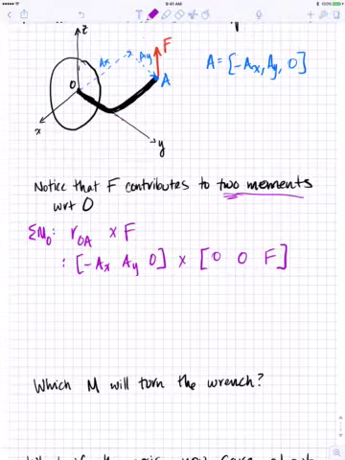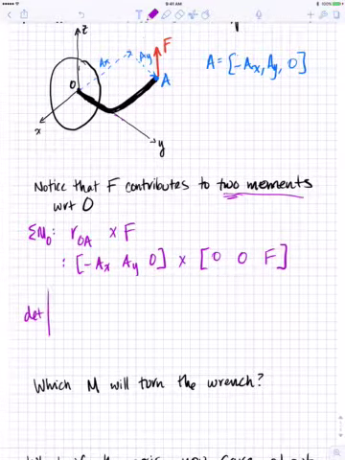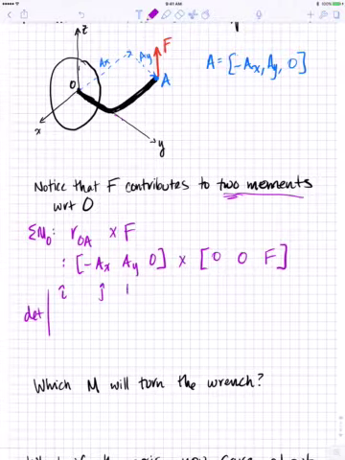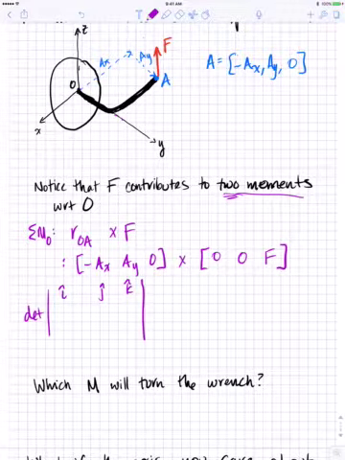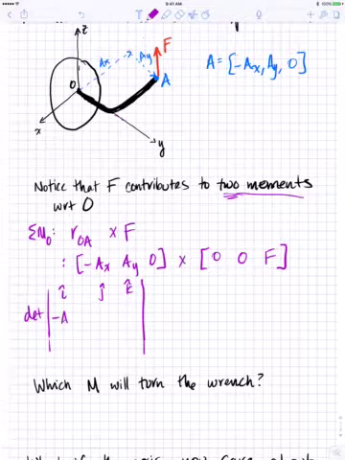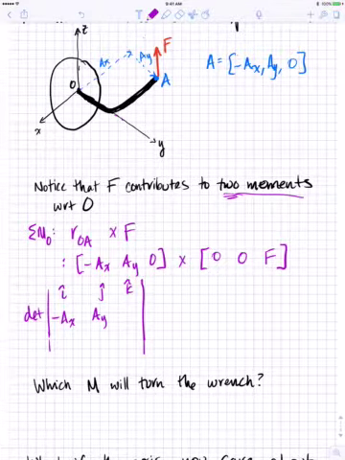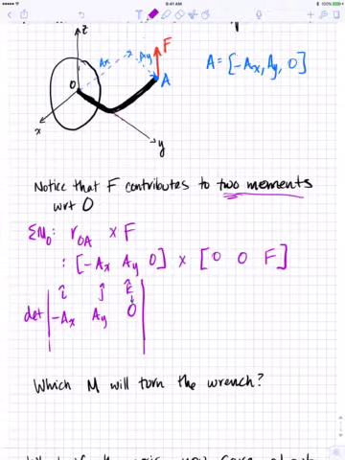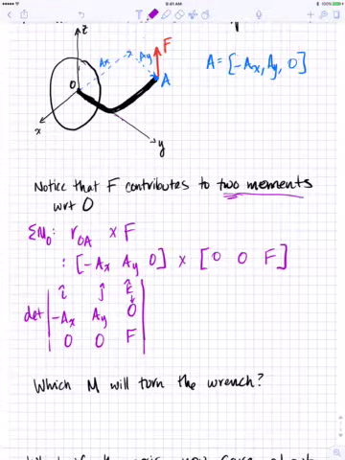And now we can take the 3×3 determinant of this system, and hopefully you can see or should know right away that the resulting moment is going to be an I and J. The K component will be 0. Why? Because when we fill this determinant in, the zeros will cancel out. A couple of other terms will cancel out that actually make this not so bad.